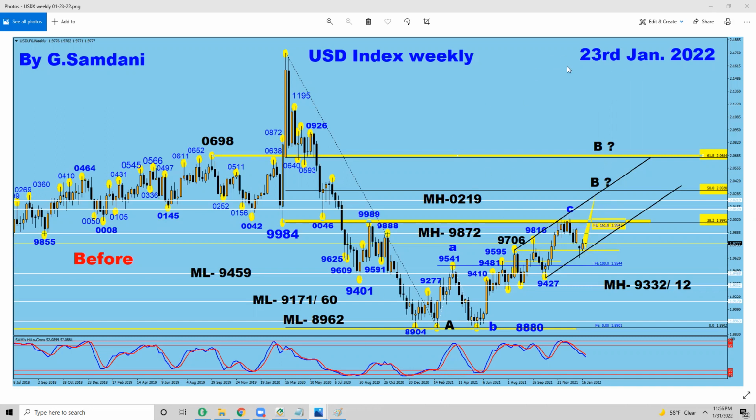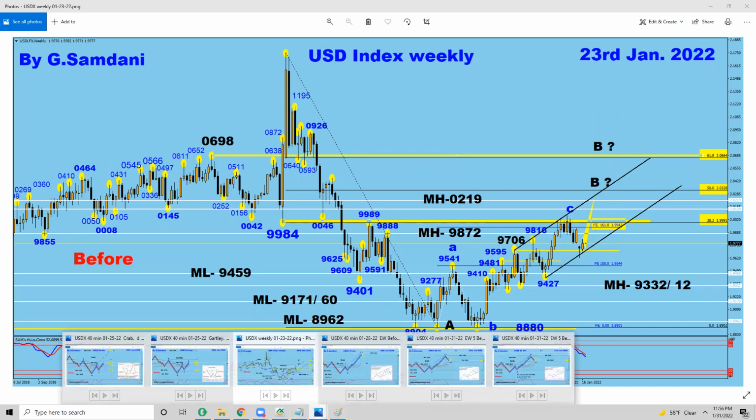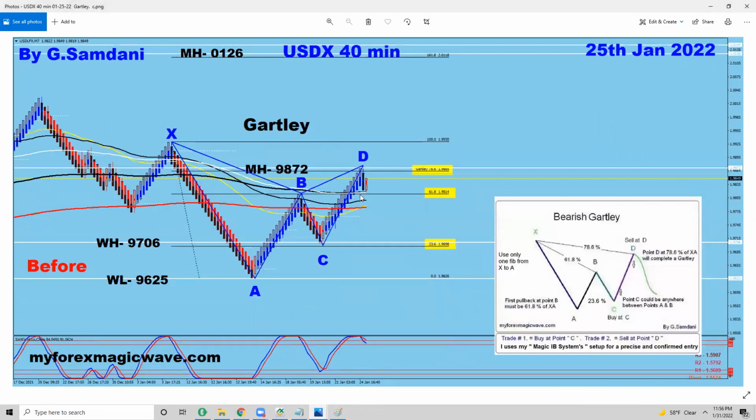Then comes Monday and then Tuesday, I saw something on the 40-minute chart and it started to go up a little bit. And this is how it was on this date, 25th January. Now, this is a harmonic pattern, one of the famous harmonic patterns called Gartley.